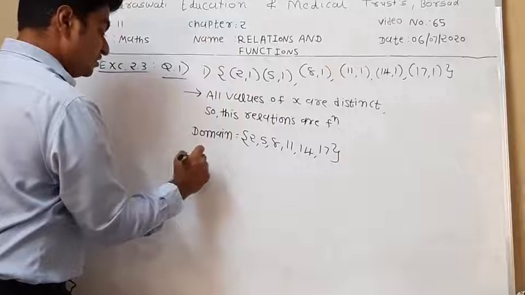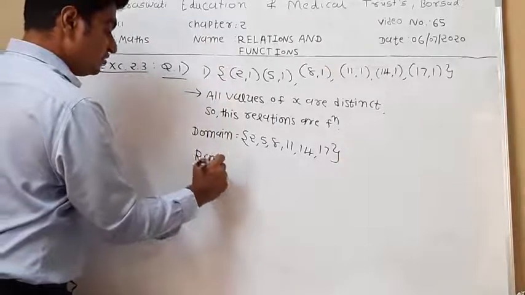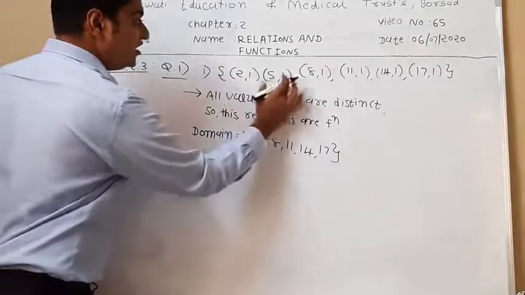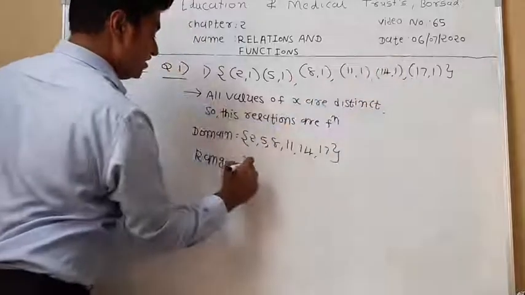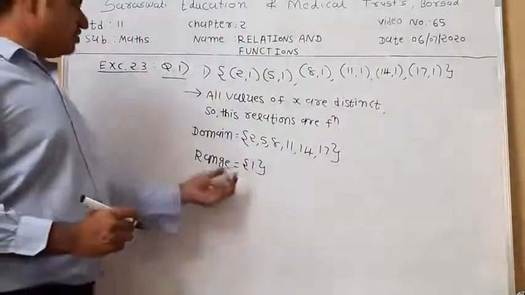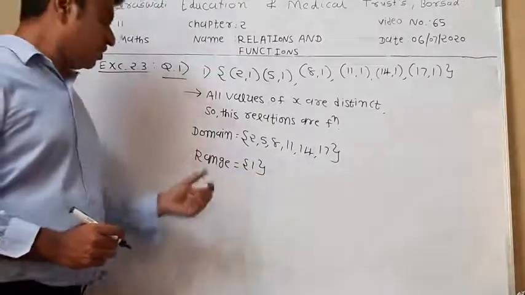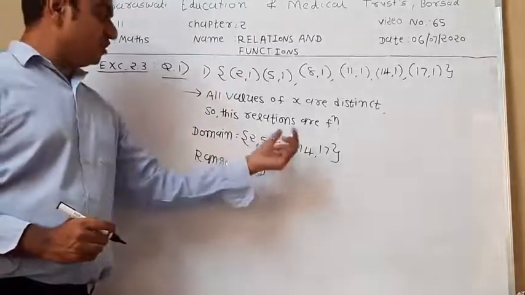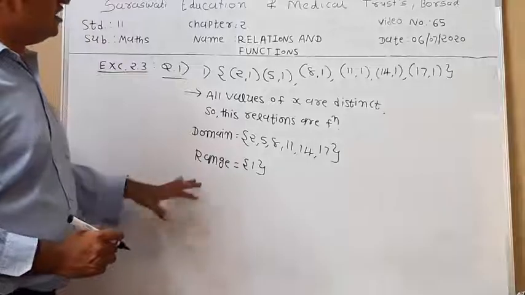And the range is equal to, here at each and every position, only one element is present. So range is equal to the set of 1, and the domain is these 6 elements.